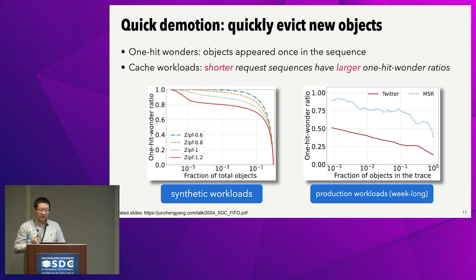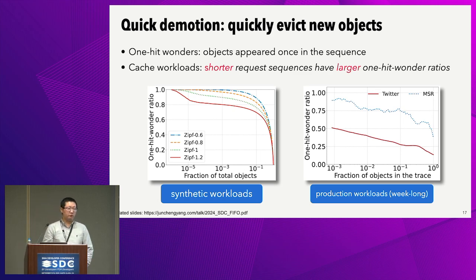We can see that for the full trace, the one-hit wonder ratio is not huge, but it's still pretty large. For example, this one is like 15 to 17%. This one is like 30%. However, if we look at a short request sequence, say 1/10 of the week-long trace, then the one-hit wonder ratio for the Microsoft trace increased to 75%, and for the Twitter trace increased to almost 30%.